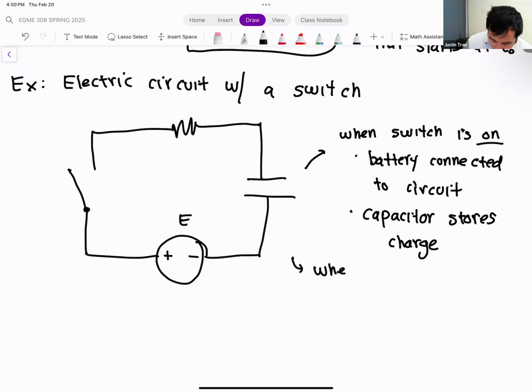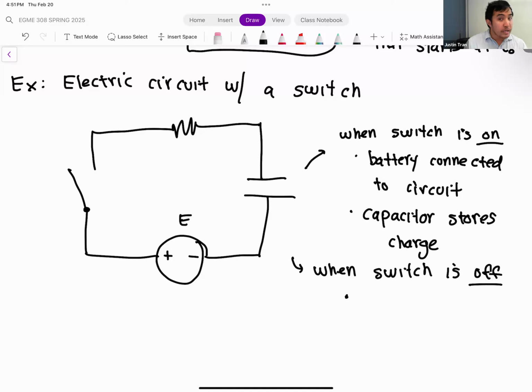All right, so when the switch is off, the battery is going to be disconnected. And whatever charge was on the capacitor, it's going to start to discharge.